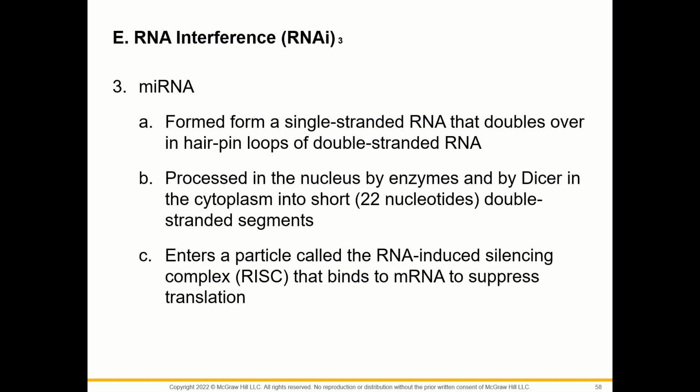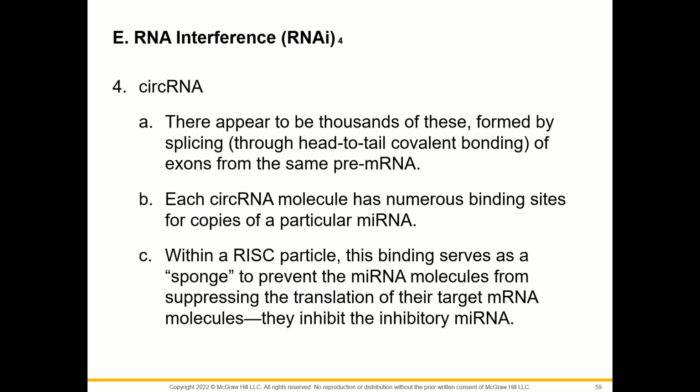This is also interesting to me because when I teach the evolution of RNA in my General Biology 2 class, we talk about how RNA can form hairpin loops and do all kinds of very interesting things to express genes, or as we're seeing, inhibit gene expression.